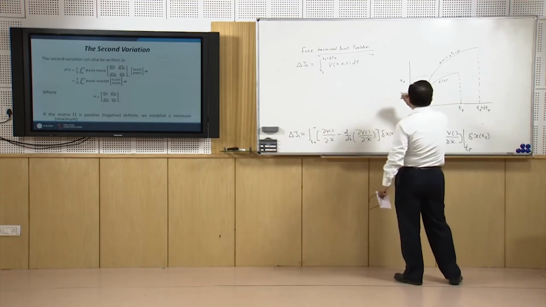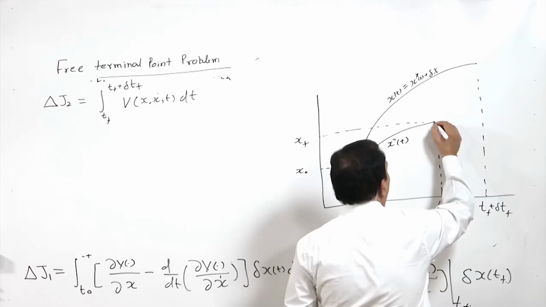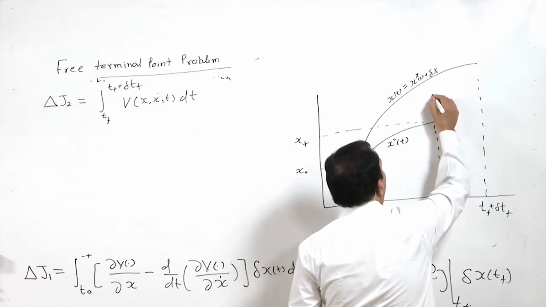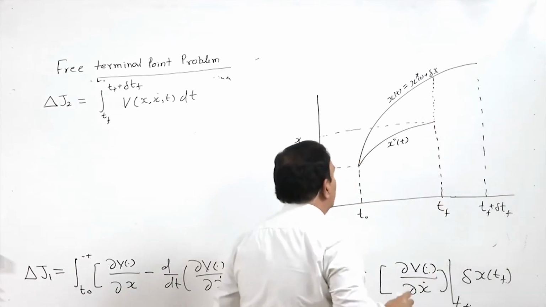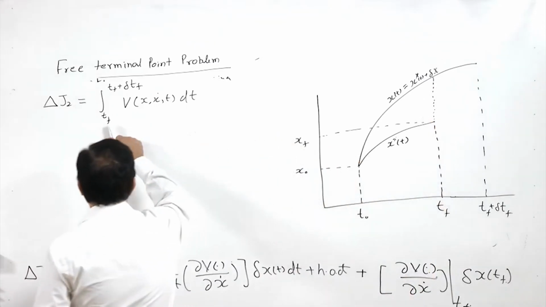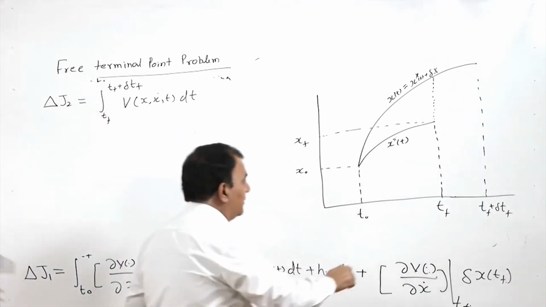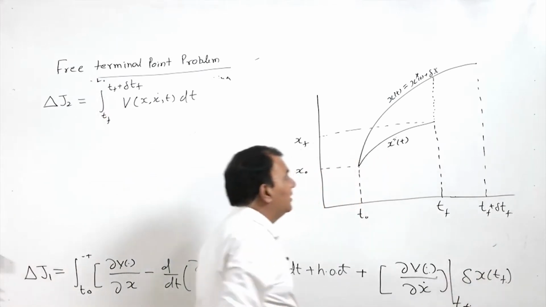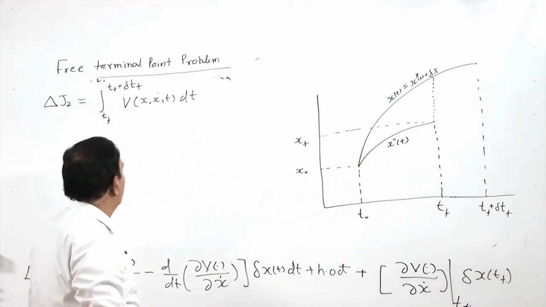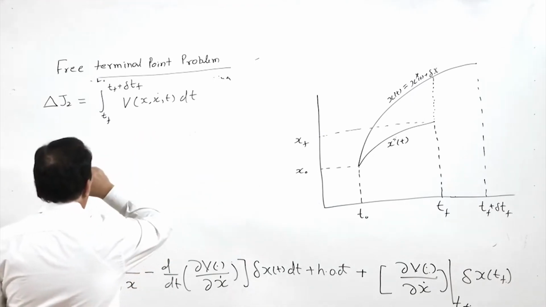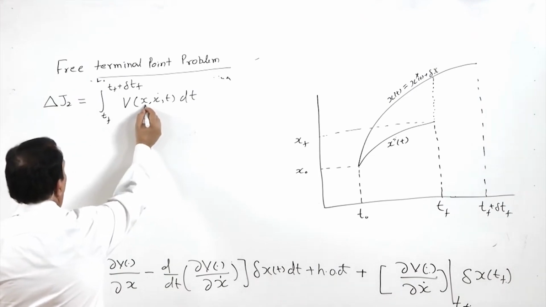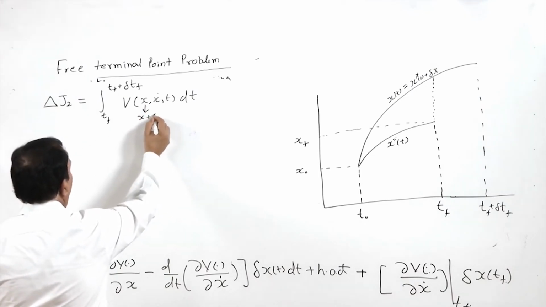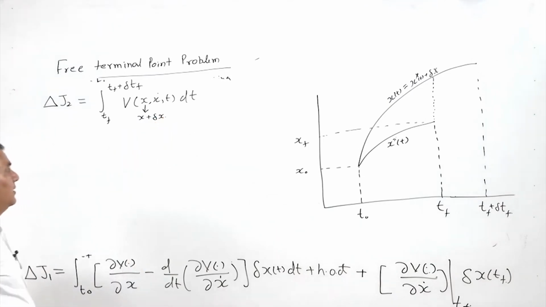We are integrating from the time Tf to Tf plus delta Tf, and V is a function of x, which is x plus delta x.